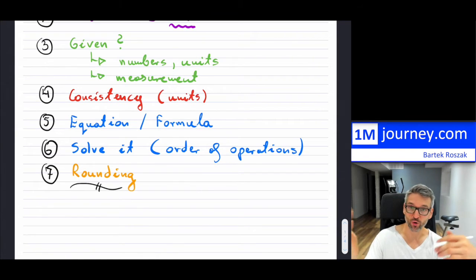Then I just use order of operations, so that's step 6. And then I check my final answer: am I being asked to round? Because I don't want to have too many decimal places, and sometimes your teachers or the problems you're working on actually do ask you to round. It's not always the case, but it may be the case quite often.